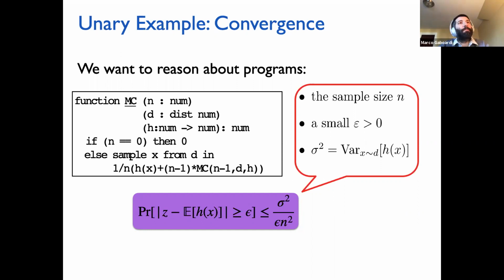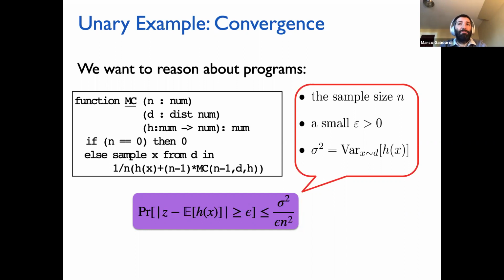So here on the left, we have a program which mainly represents the Monte Carlo example I gave you before. It's a recursive program which takes a function h and samples some values from a distribution, and then tries to compute the empirical expected value.